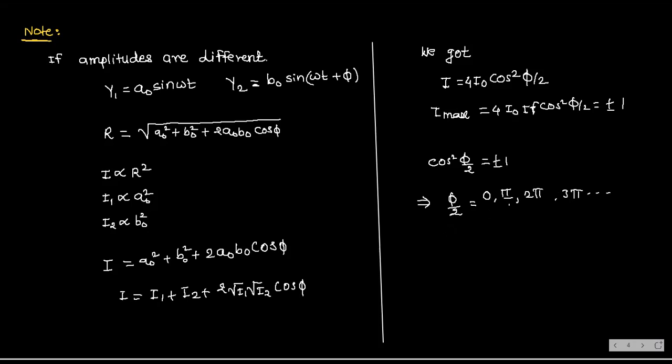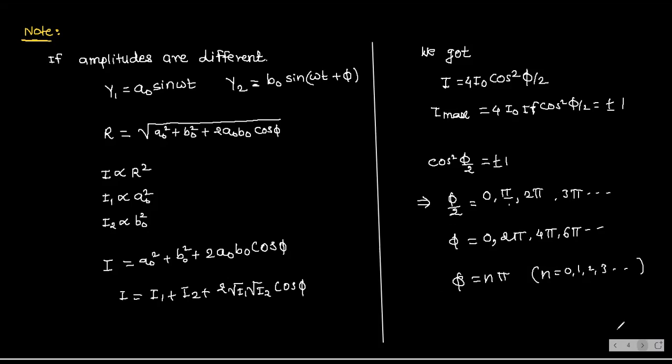So if I transfer this to here, then that implies phi is equal to 0, 2 pi, 4 pi, 6 pi, and so on. That is phi must be equal to n into 2 pi, where n is equal to 0, 1, 2, 3, and so on.